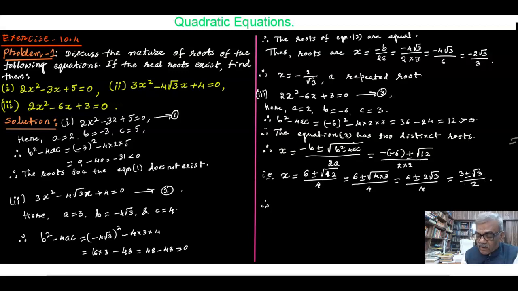And therefore the roots are 3 plus root 3 by 2 or 3 minus root 3 by 2. These are the roots of equation 3.